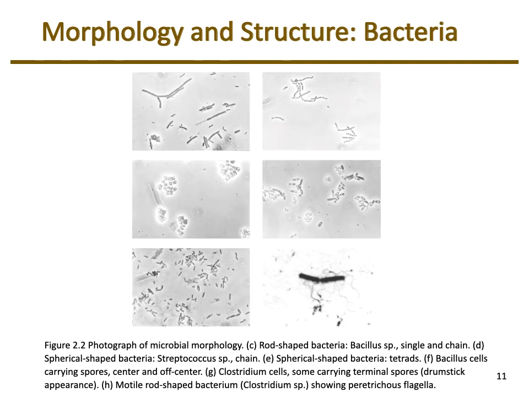They have terminal endospores. If you look closely, you can see these endospores, and they're found towards the end. In panel F, those are central endospores, so they're found more in the middle.